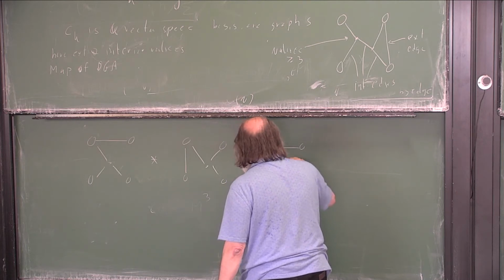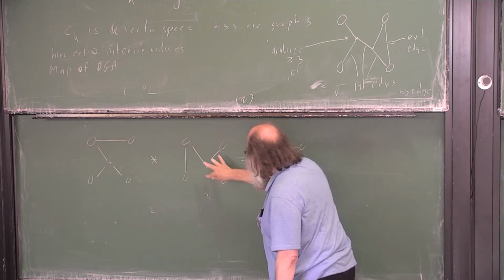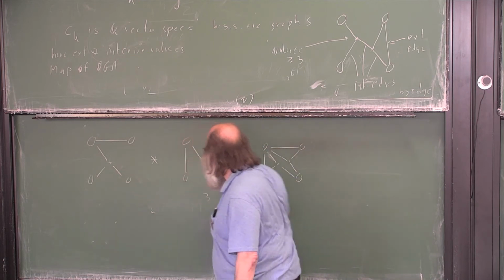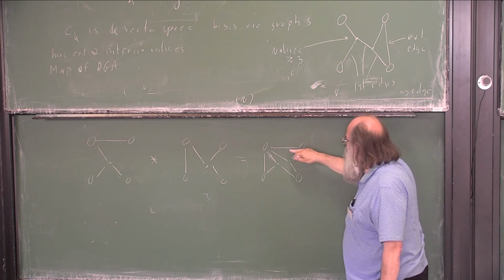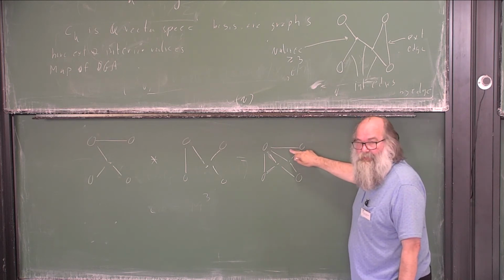You just take a union. So this goes to here, and that goes to there. And if you get a double edge here, the product is 0.